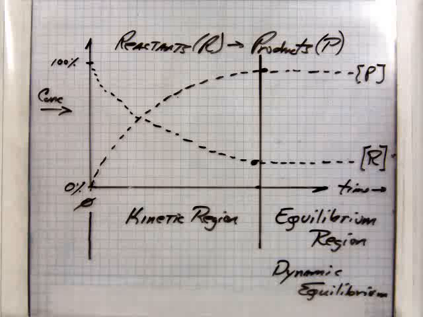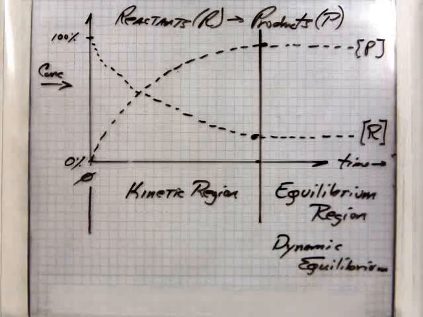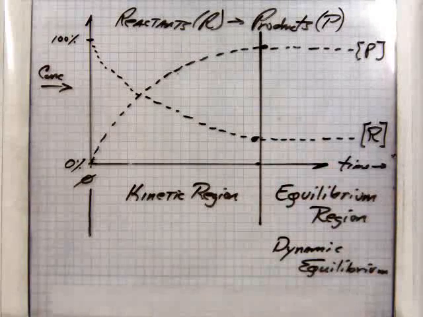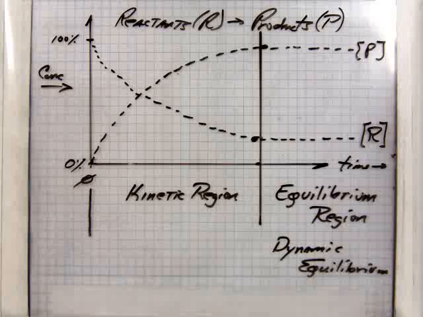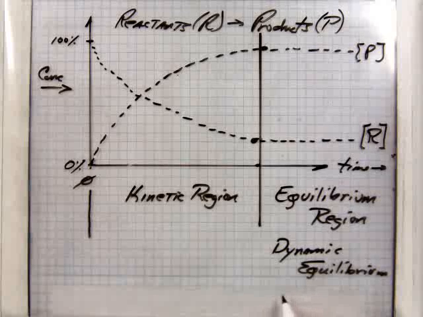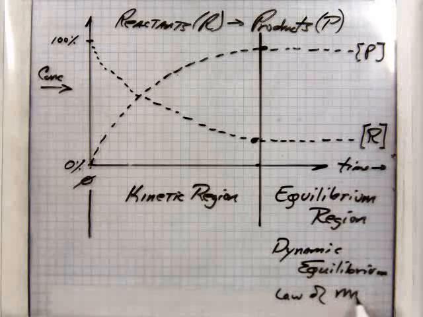However, the reaction continues in that there are reactions proceeding forward at the same rate that a reaction is proceeding in the reverse direction. This is what we call the law of mass action. We'll develop it in more detail when we get there.